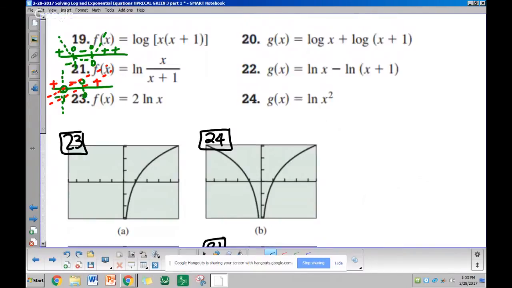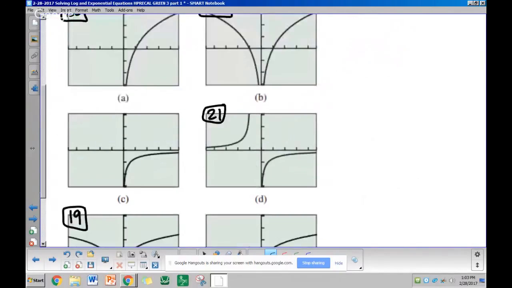So it's going to be a number between 0 and 1, which is what kind of number? A fraction. Which means that the log of a fraction is what sign? Negative. So it's going to be negative on this side. Okay? That's why that one works.